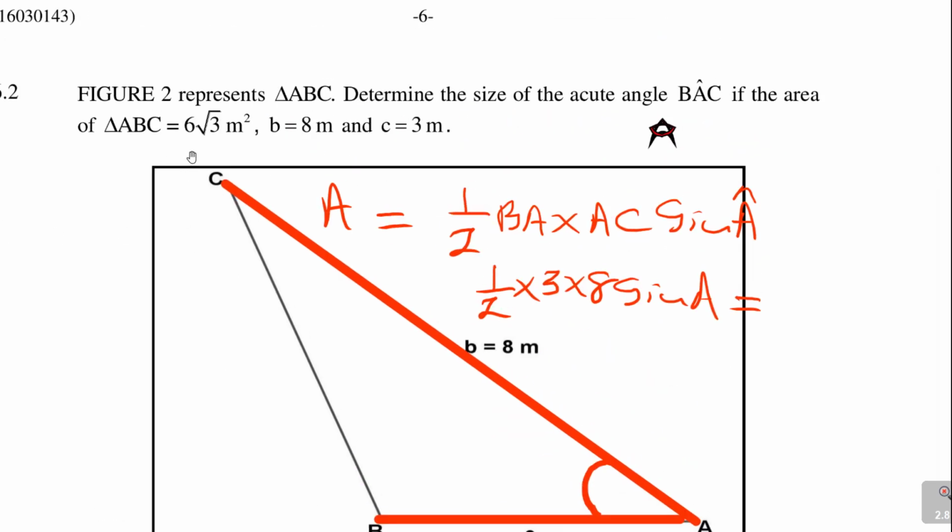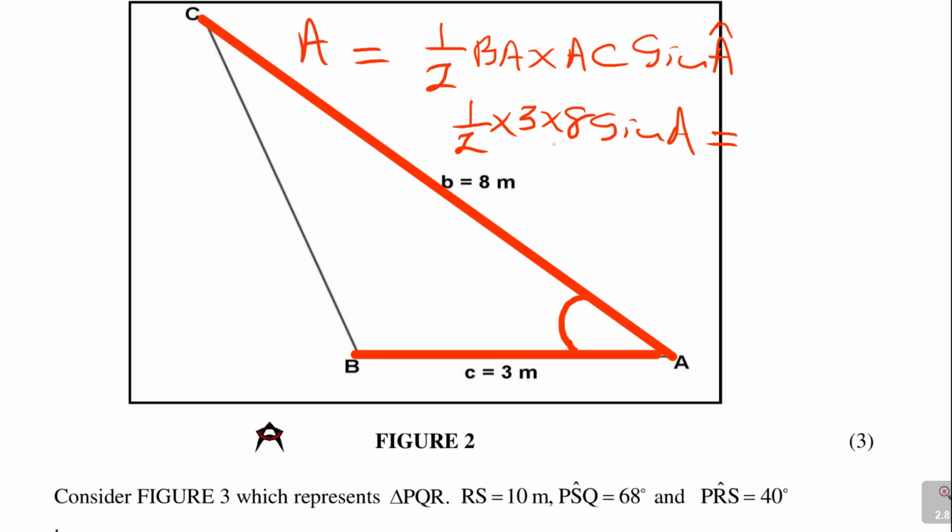What is the area? It's 6 square root 3. So you can say 6 square root of 3. This is good. Then divide there. This is 4, now it's 12. So we are going to divide by 12, or 3 times 4.